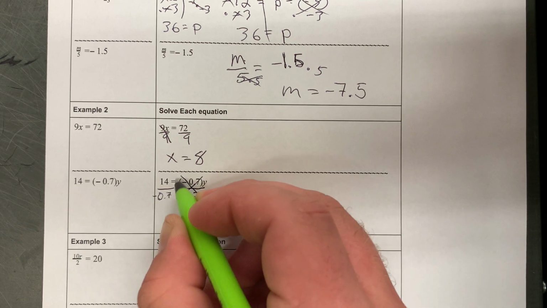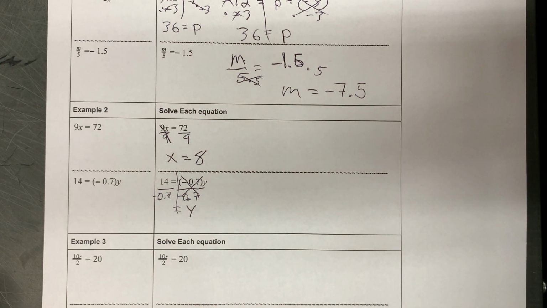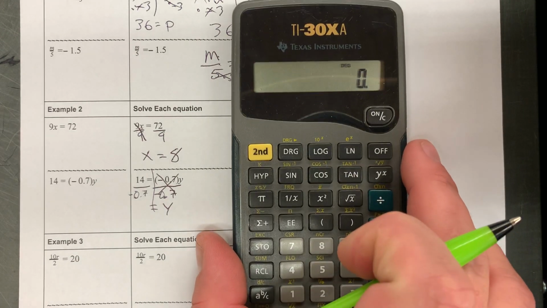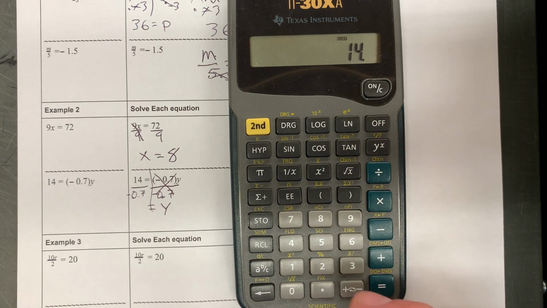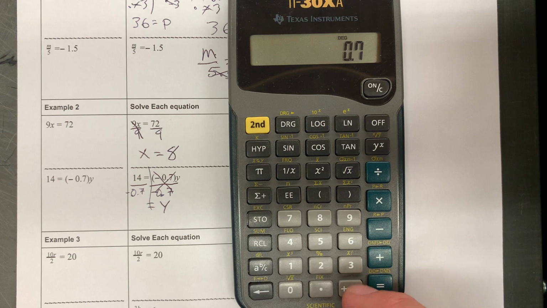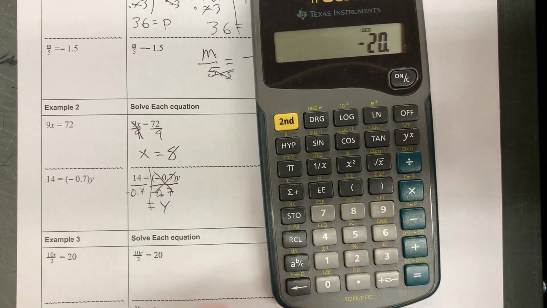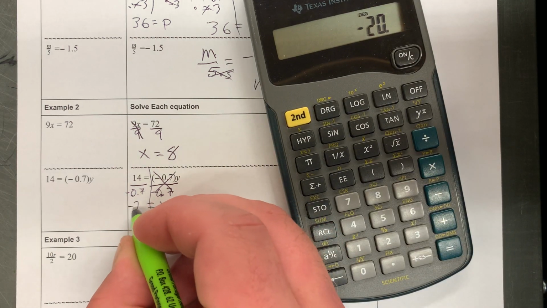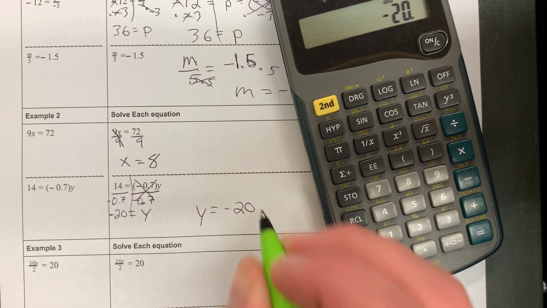These are going to cancel out. What I do to one side of the equal sign, I have to do to the other. You can take your calculator here. I have 14 divided by -0.7, or 7/10. I end up with -20, or y equals -20.